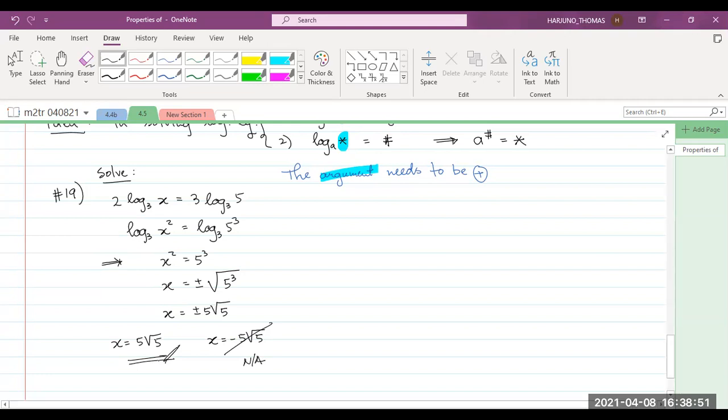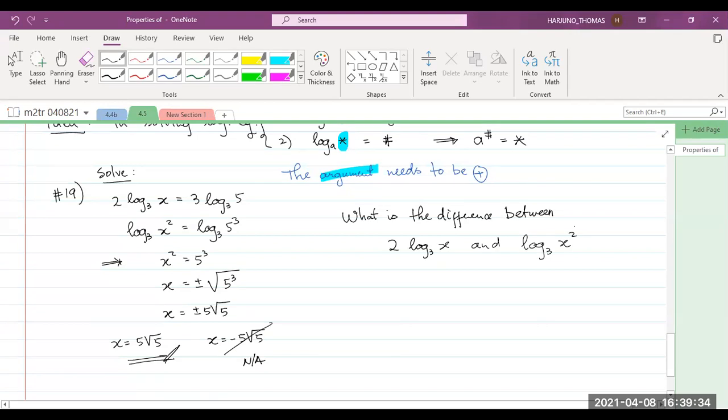Let me explain a little bit the way we actually do this. The following may not be that easy to understand, but I hope you get it anyway. Please pay attention here. What is the difference between 2 log base 3 of x and log base 3 of x squared?